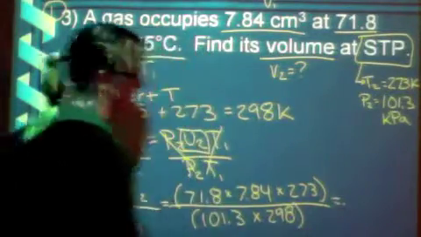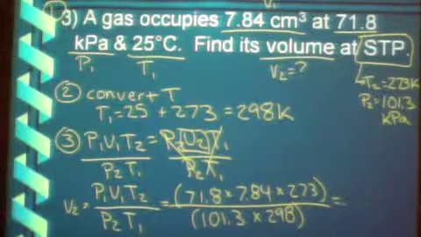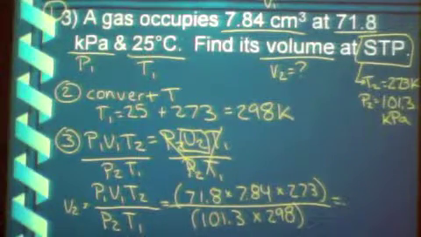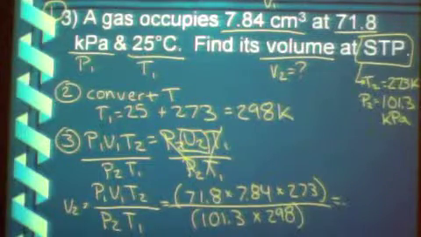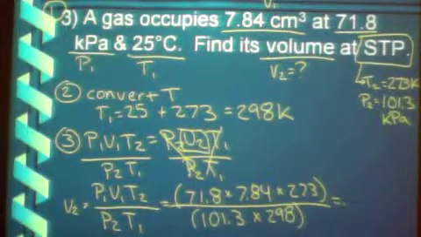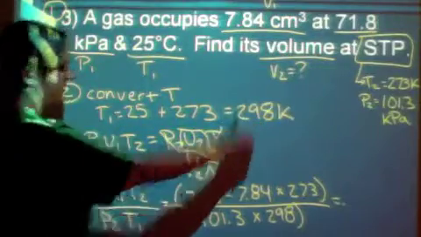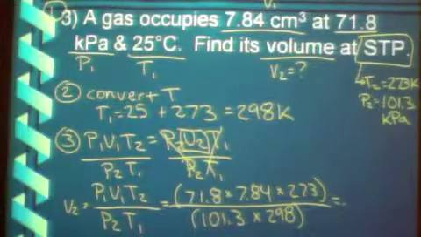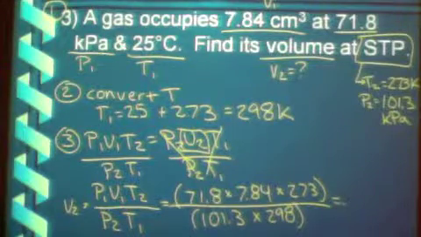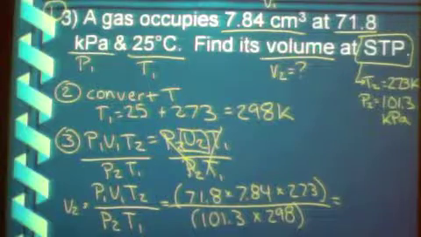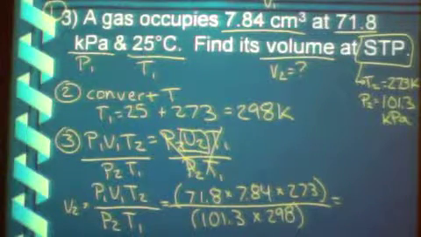Close parentheses. Give you a minute to plug it in. You're allowed 3 sig figs, because when you look at temperature, you're going to look at this K value here. So that's 3 sig figs. And your answer should be 5.09 centimeters cubed.